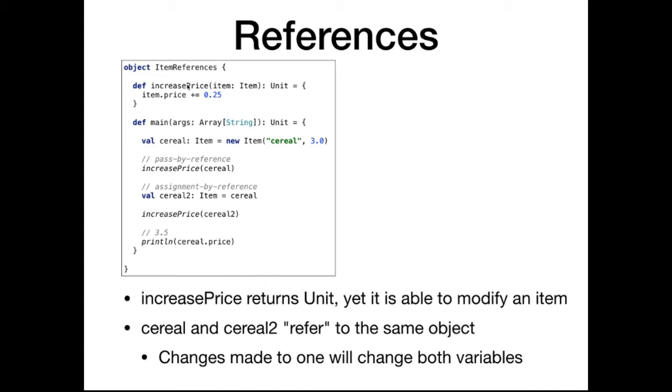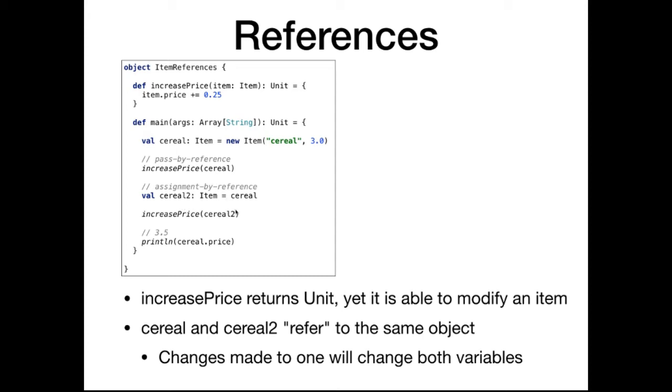I'm not making a copy of the object and handing the copy to the method. I'm giving that method my entire object. So when increase price, this method says item.price plus equals 25, that change is reflected in the cereal variable as well, because they both refer to the same object, and we're just passing that reference to the method.